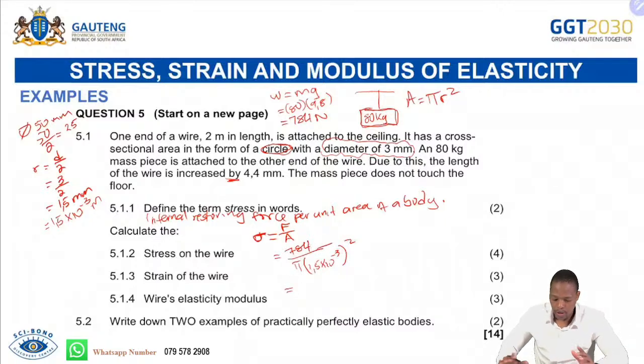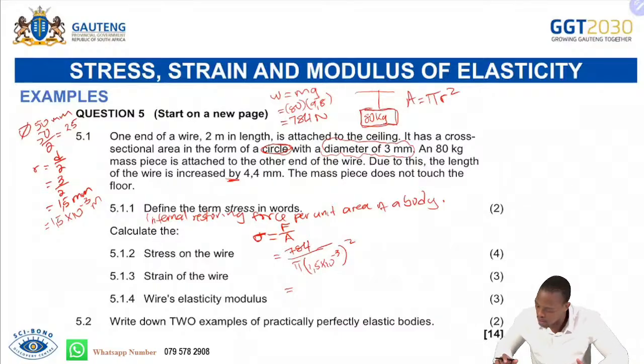I don't want to press my calculator a lot of times, to avoid the issue of rounding off. So I'm going to say 784 over, on the calculator, I do not say 3.14. I press shift, or second function, and then press the sign of pi.